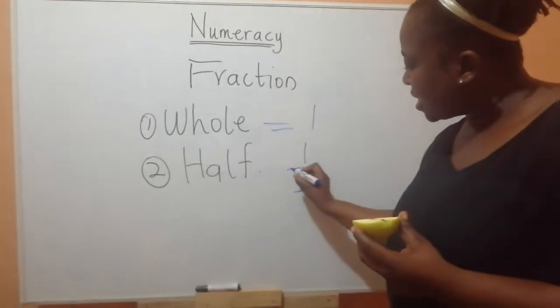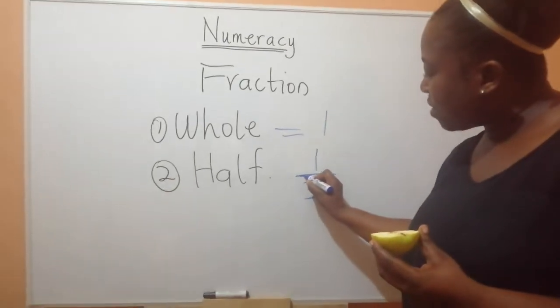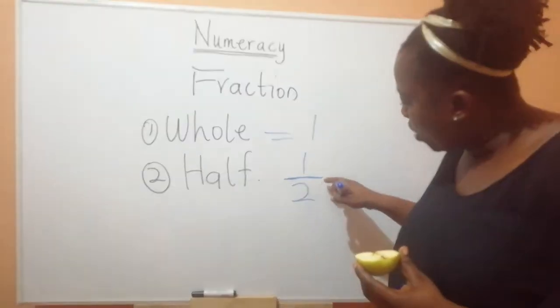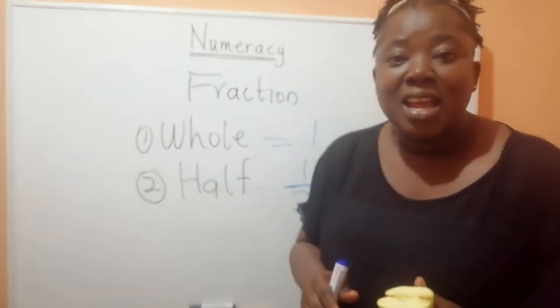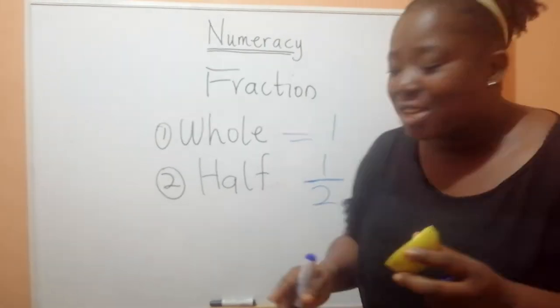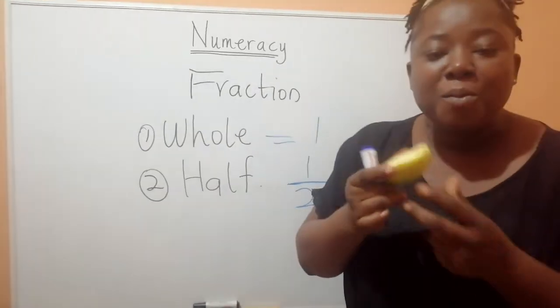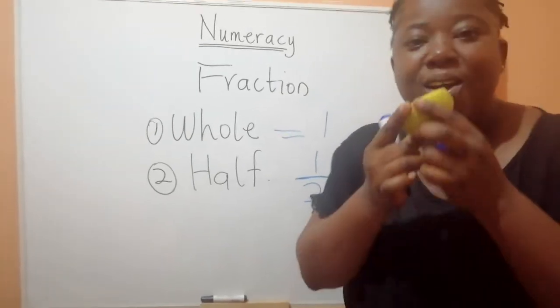So this is our division. This sign shows that whatever it is was cut. And the number below it, the number down, is telling you that the fruit was cut into how many pieces? 2. And how many parts of the 2 did Miss J take?